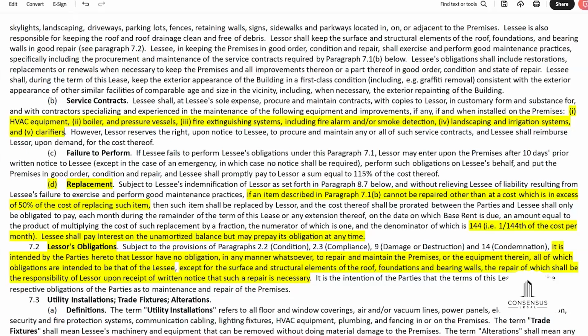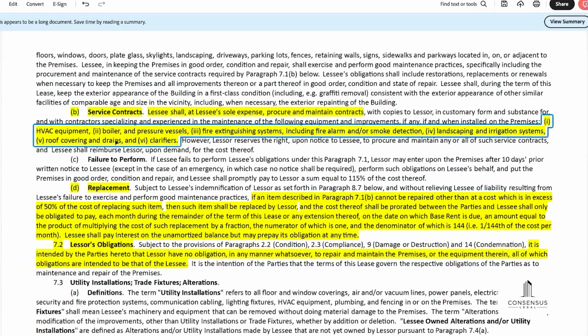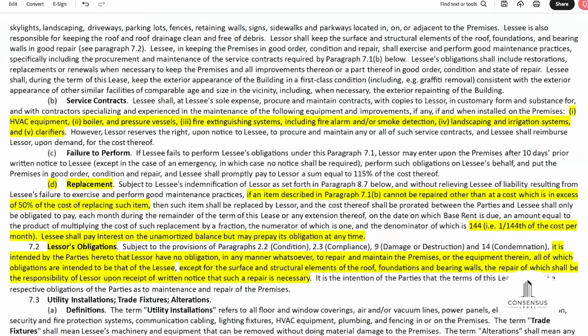And the difference is, flipping back to the net lease, I'm sorry, number 5 is roof covering and drains in the net lease. And you'll see in the gross lease, roof covering and drains is not there.